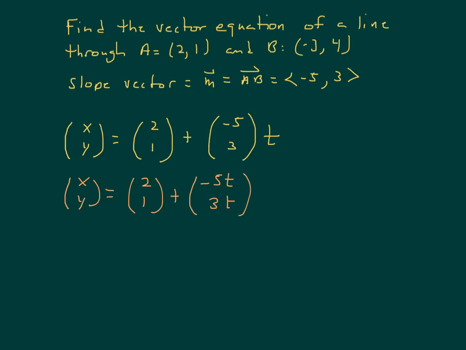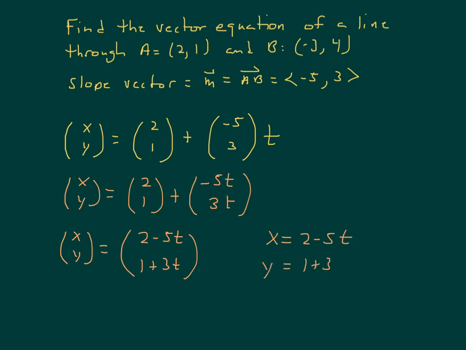And so I now would have that (x, y) equals, when I add the two vectors, I add the corresponding components, I'm going to get (2 - 5t, 1 + 3t). So in this case, I now can say I have the parametric equations for this line. I know that's going to be where x equals 2 - 5t and y equals 1 + 3t.